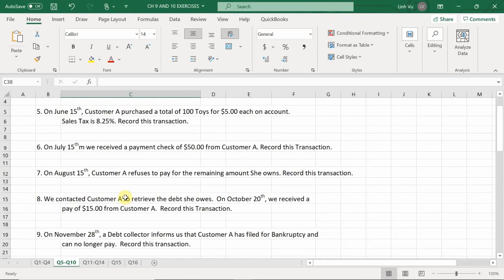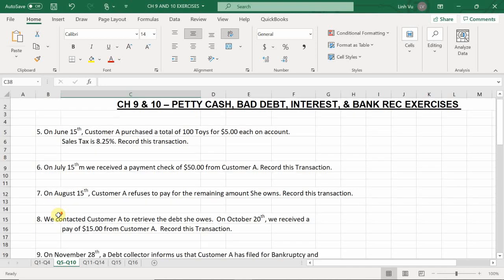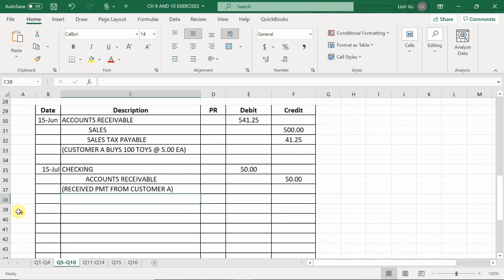Let's see what happens next for question number 7. Then August 15, customer A refuses to pay the remaining amount she owes. Record this transaction. If customer A decides to just not pay, it becomes potential bad debt.